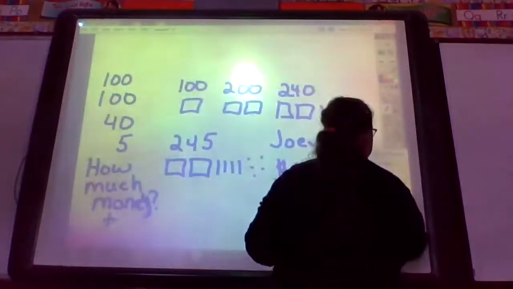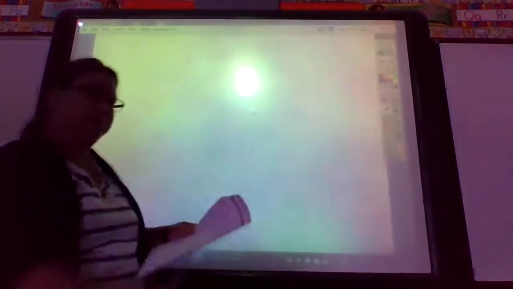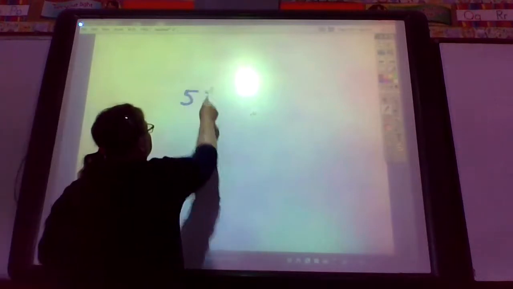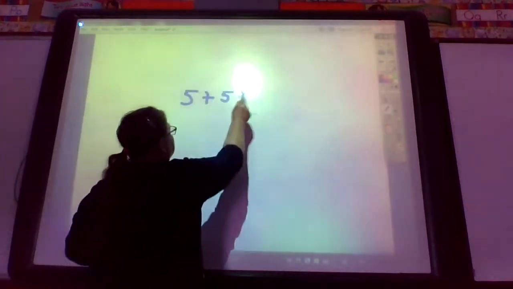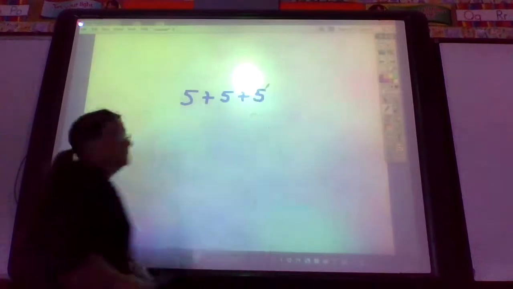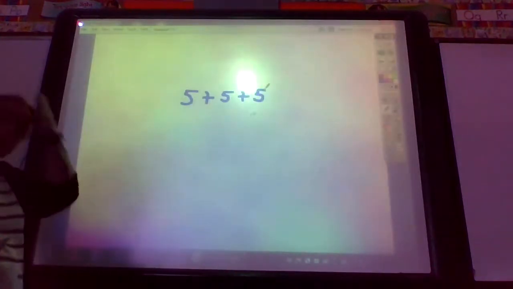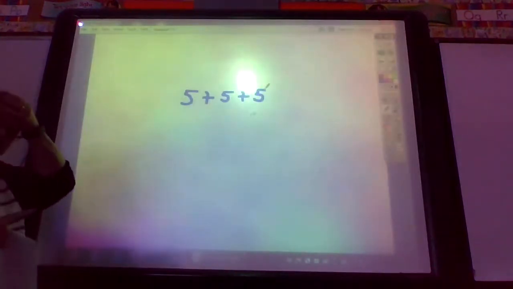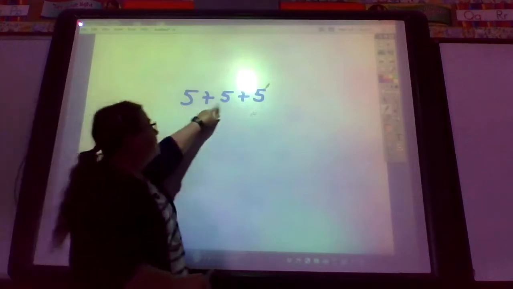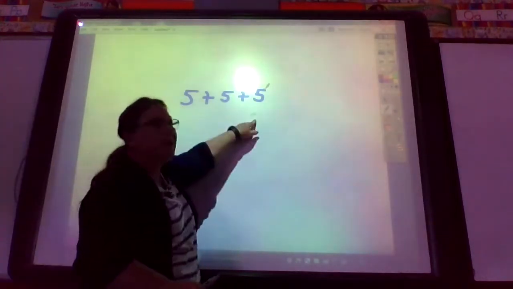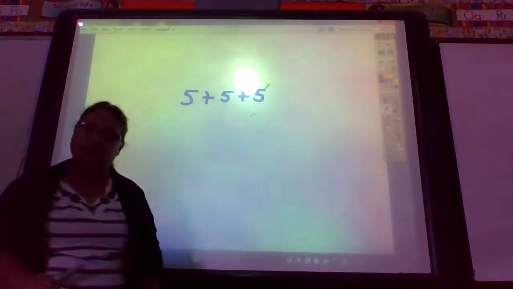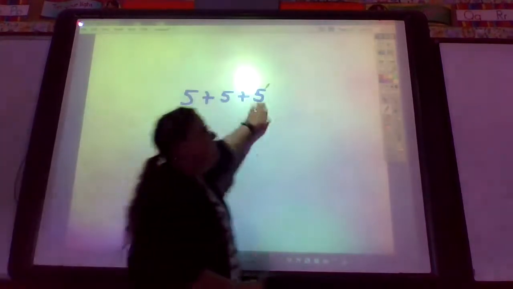So let me show you how we can quickly add 3 numbers. Number 1 says 5 plus 5 plus 5, right? So we need to add quickly. If I look at 5 plus 5 plus 5, I can count by 5s 3 times. 5, 10, 15.